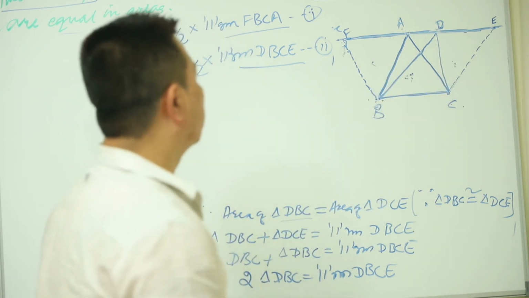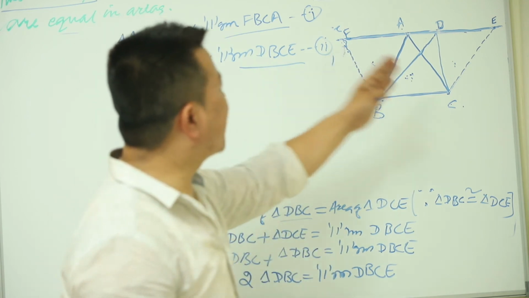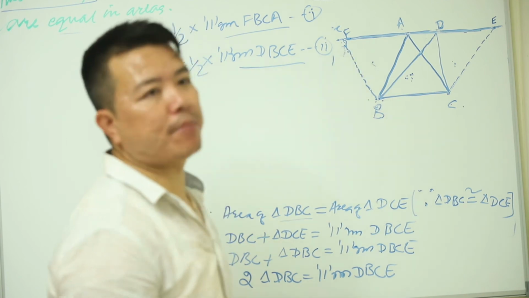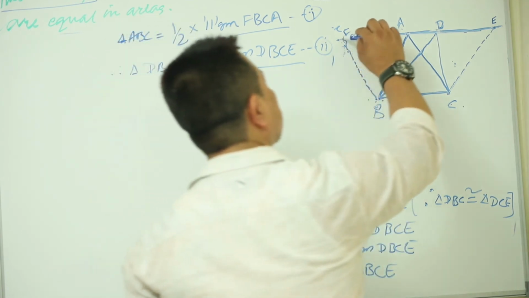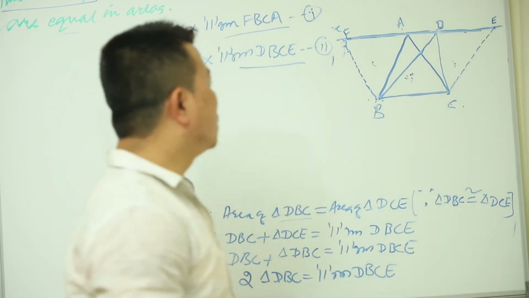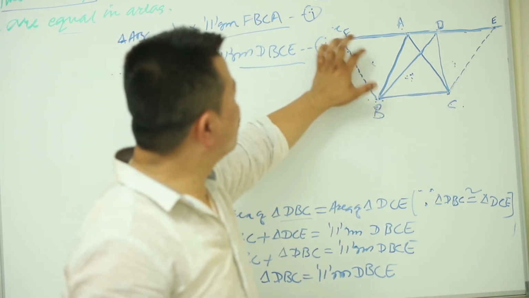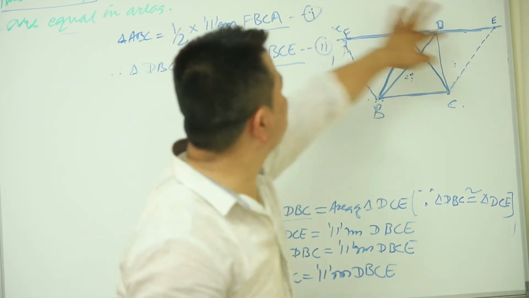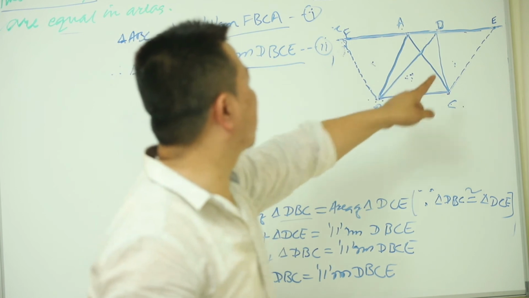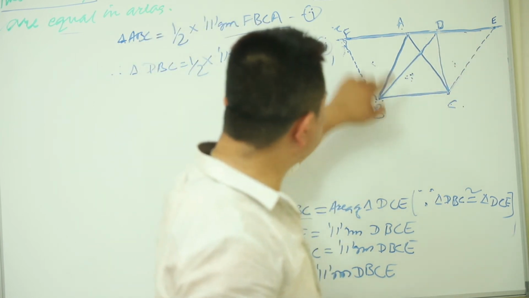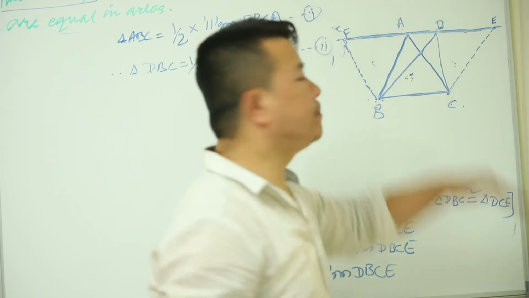Not only that, these 2 parallelograms also are between the same parallels, because this line FE is parallel to BC. So 2 things: parallelogram FBCA has base BC and is between the same parallels, and parallelogram DBCE stands on the same base BC, and again they are between the same parallels.